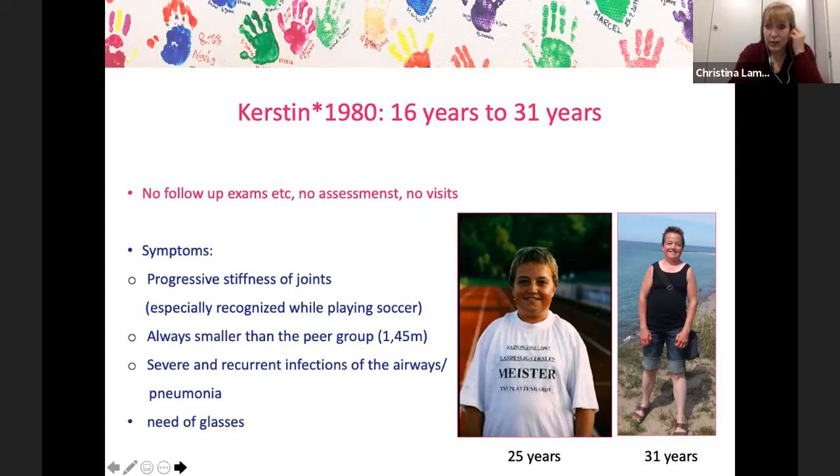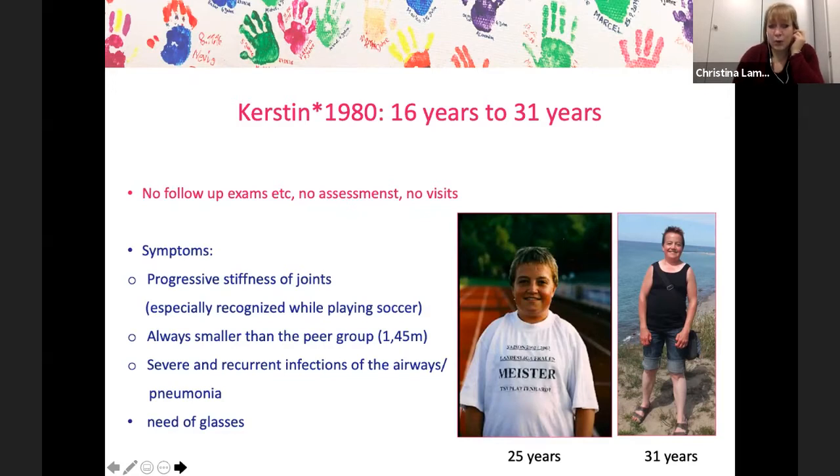She was not going to any assessments or to any visits, even if she had progressive stiffness of joints, especially while she was playing soccer in a team, and she was not able to manage anymore in a proper way. She had a body height of 1.45 meters, so she was much smaller than the others.